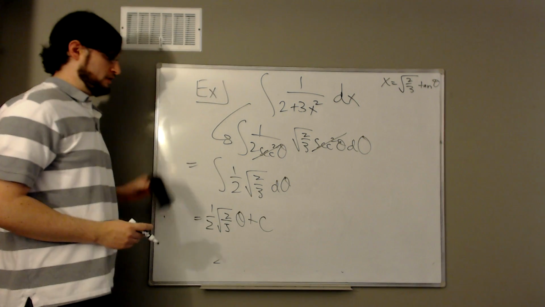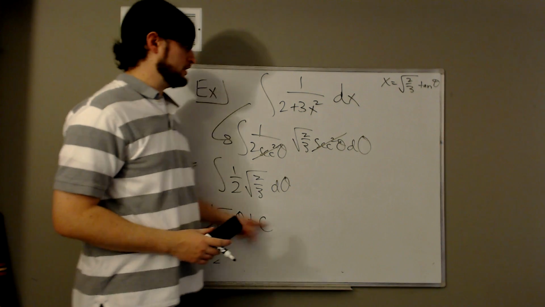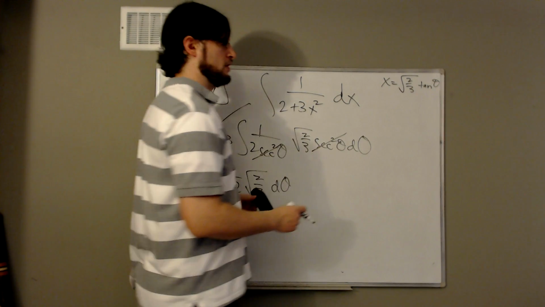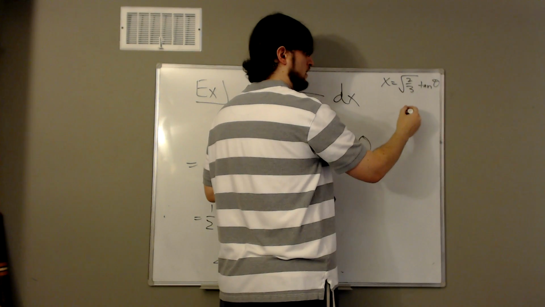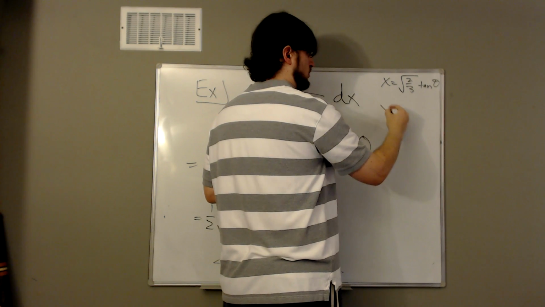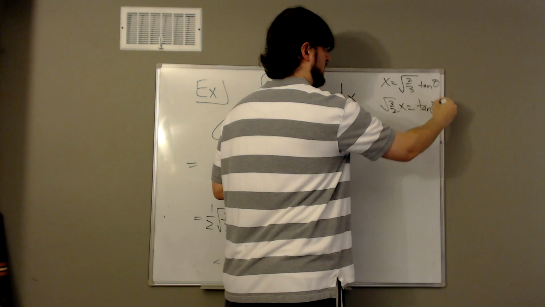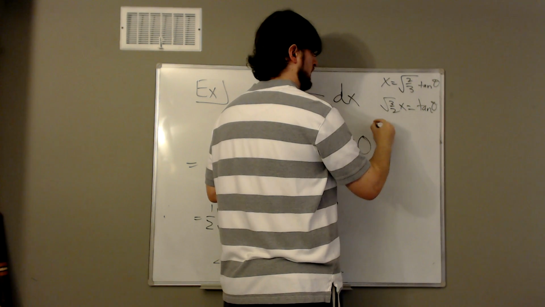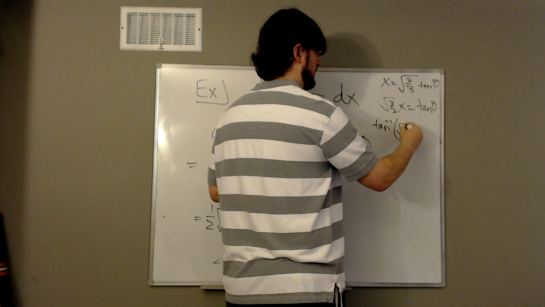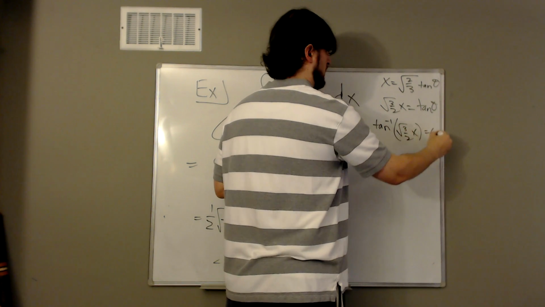plus c. And finally, we need to know what theta is, but that's why we'll go back to this equation. If I solve for theta, I get square root of 3/2 x is equal to tan theta, so that tan inverse square root of 3/2 x is theta.